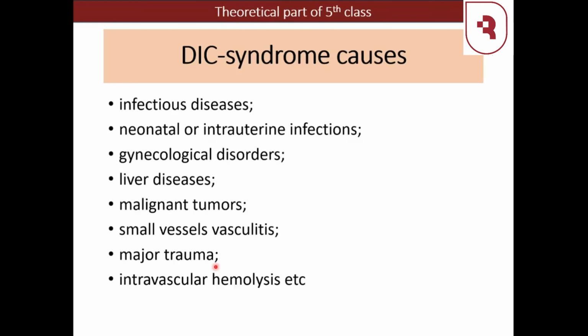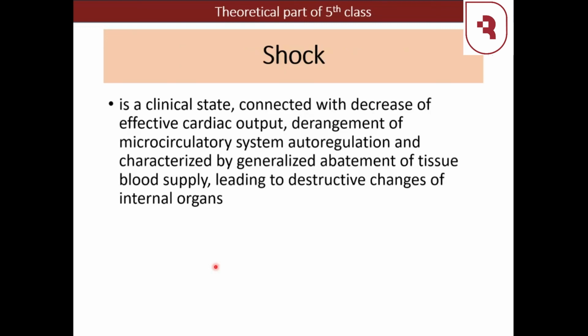There are a lot of different causes of it, like infectious diseases, neonatal or intrauterine diseases, gynecological disorders, liver diseases, malignant tumors, small vessel vasculitis, major traumas, intravascular hemolysis, and so on.